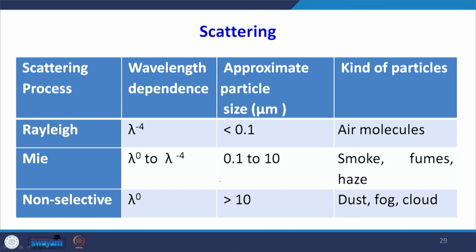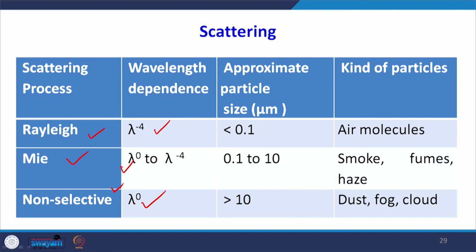So, if we now summarize the processes, Rayleigh scattering, Mie scattering and non-selective scattering are all wavelength dependent, but in different ways. Rayleigh scattering is inversely proportional to the fourth power of wavelength, while Mie scattering is inversely proportional to a lower power.